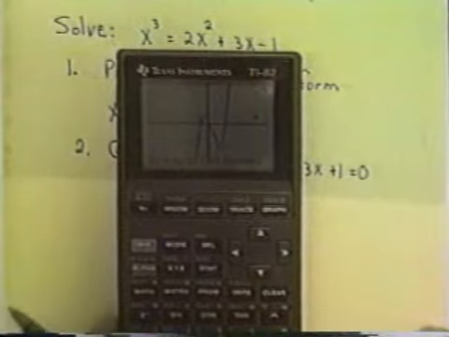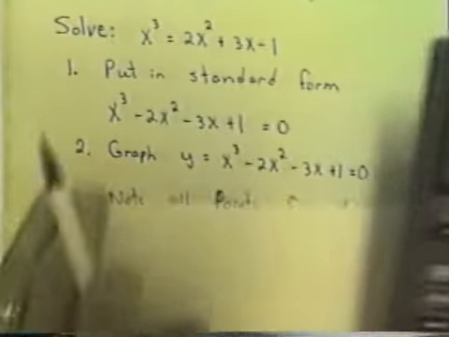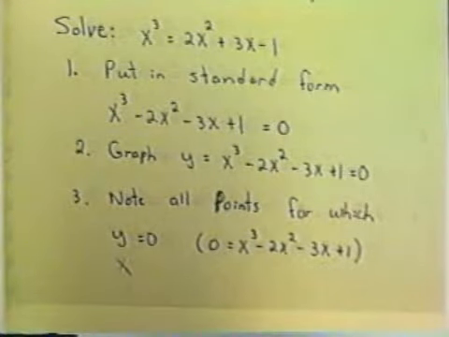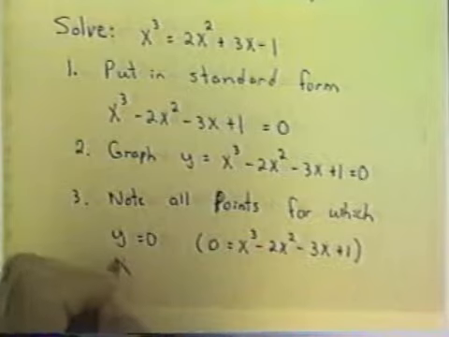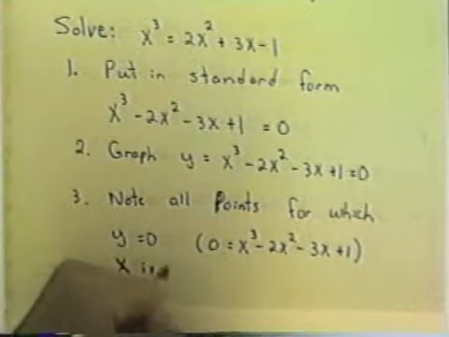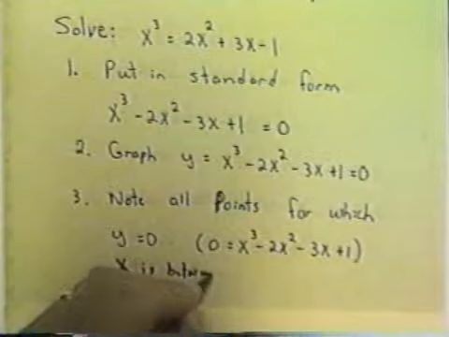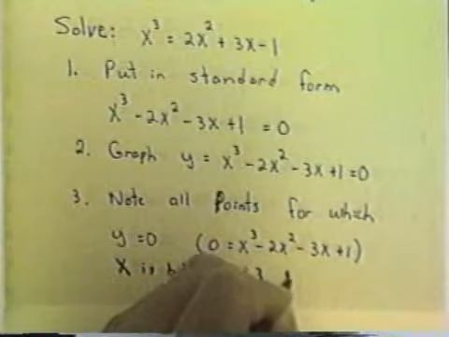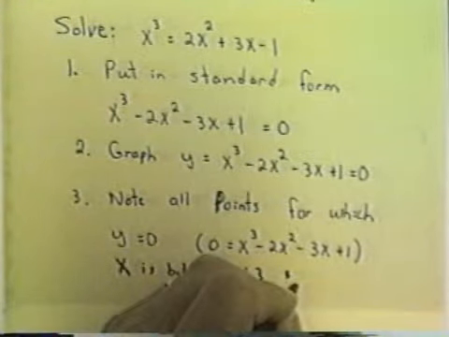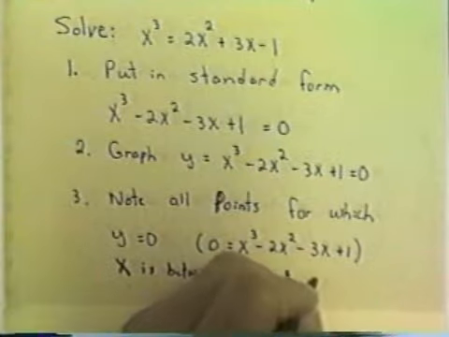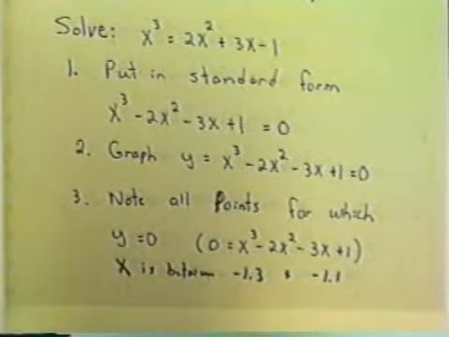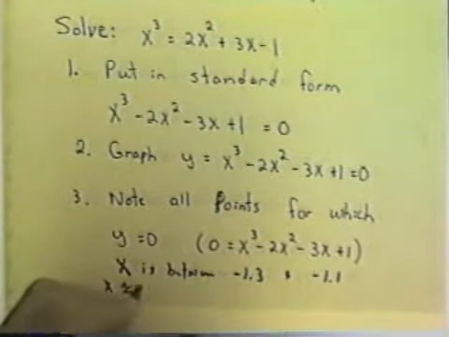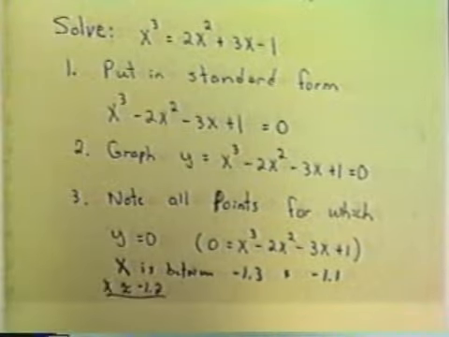So we know that x is going to be somewhere between a negative 1.27, which I round off to 1.3, and a negative 1.1. So we'll just guess now that x is approximately negative 1.2.